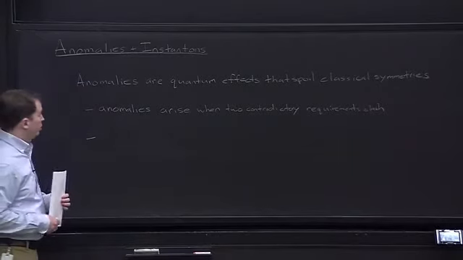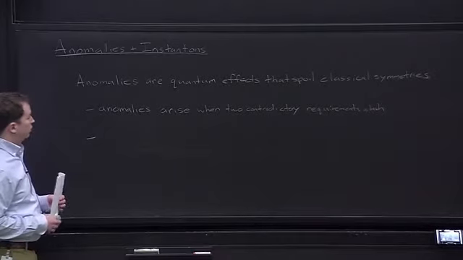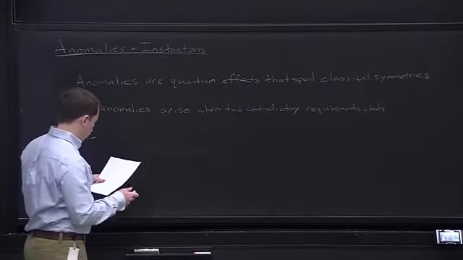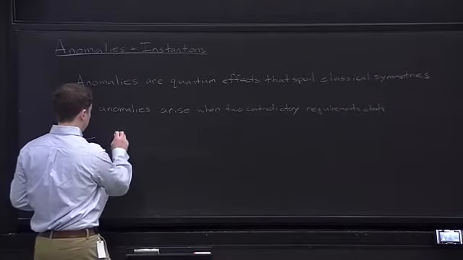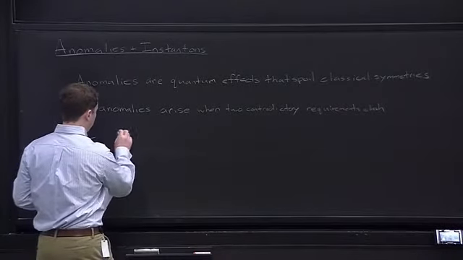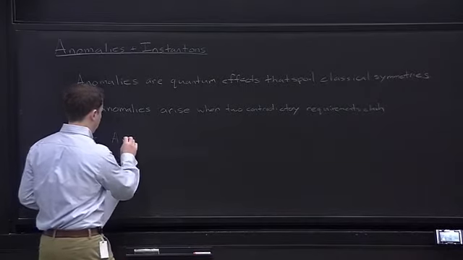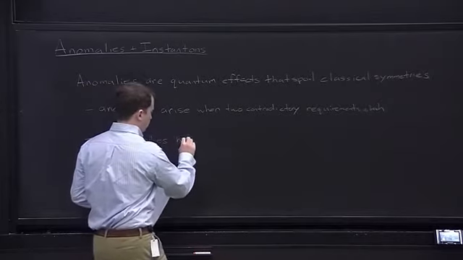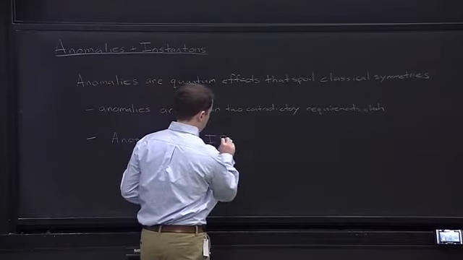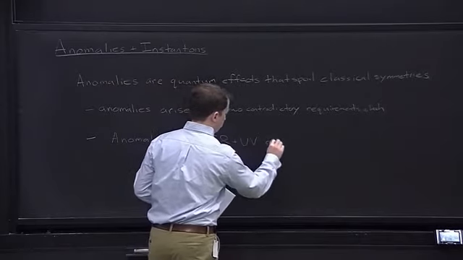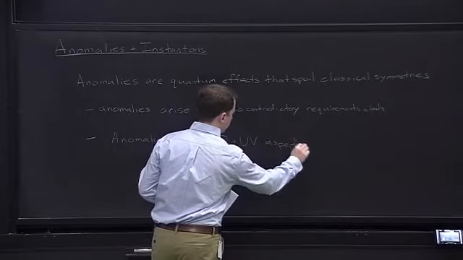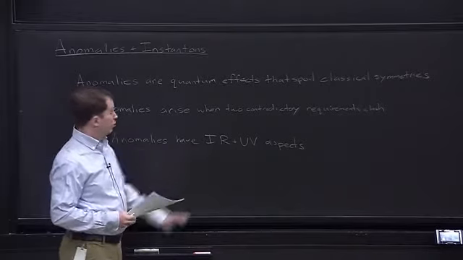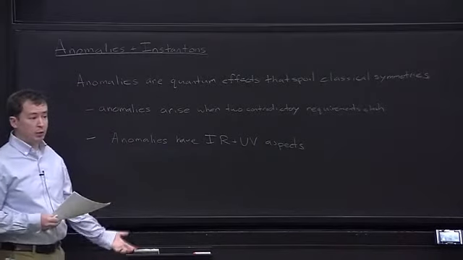Another point to keep in mind, and I'll discuss this in more detail in the example we're going to go through, is that anomalies have both IR and UV aspects. They have IR aspects in that they can be seen by low energy observers.